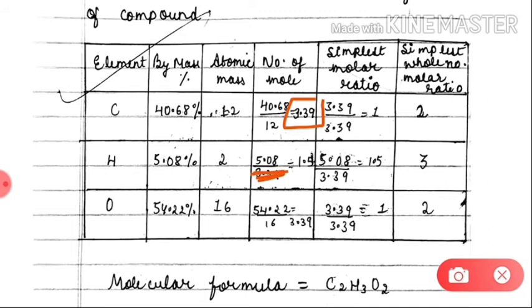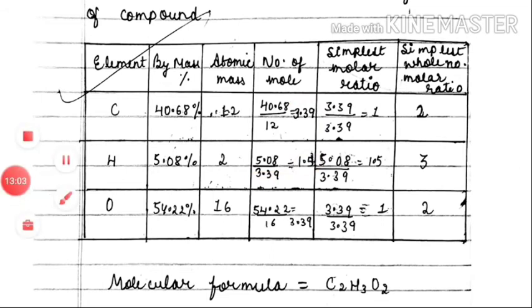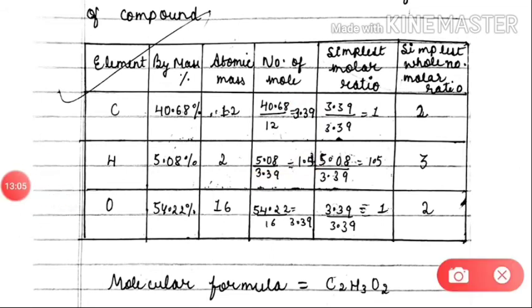This you cut and write here 1 below this as a denominator, and it will be equal to 5.08. Make the correction, and then 54.22 upon 16, and that is equal to 3.39. So this is 3.39, this is 5.08, and this is 3.39.